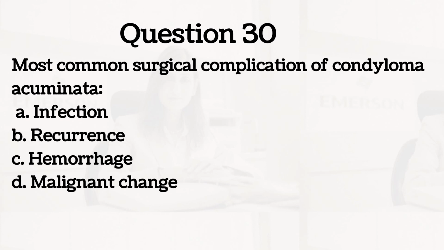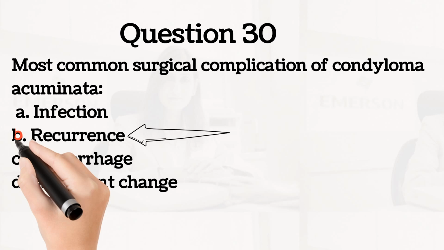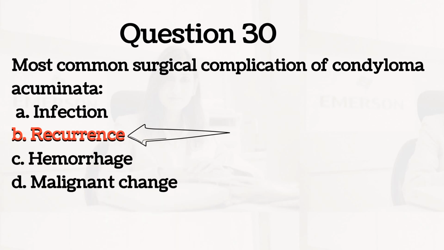So the answer is B, recurrence, because HPV usually likes to persist, and it can even lead to cancers, especially in females. Like I said, it's persistent. So if we do a surgical procedure in condyloma acuminata, it's going to reoccur again. So B, recurrence, is the most common surgical complication for this one.